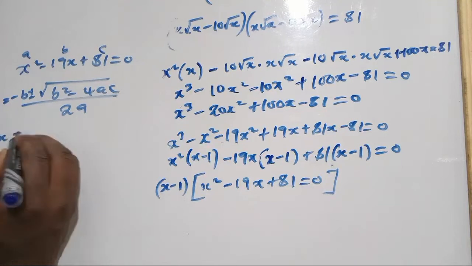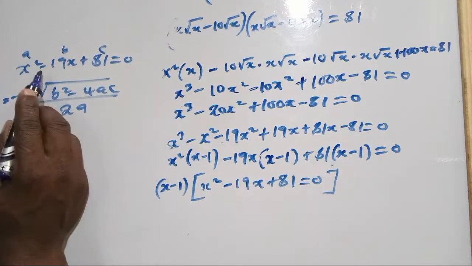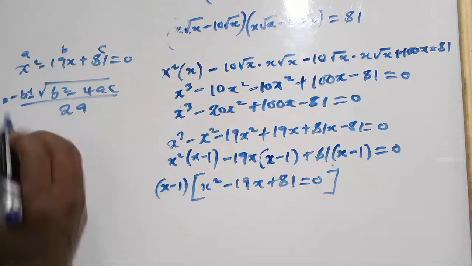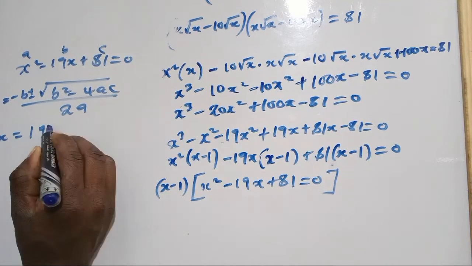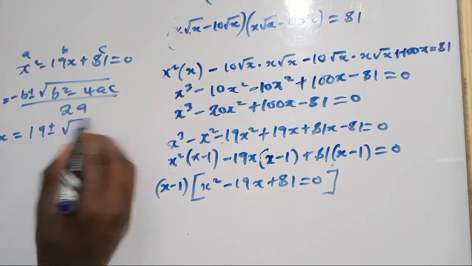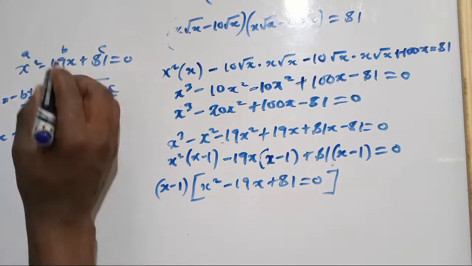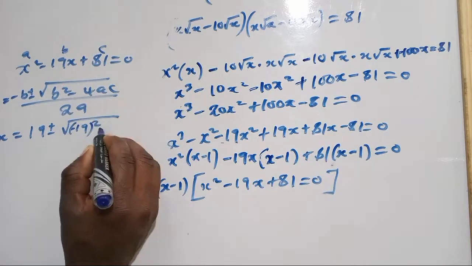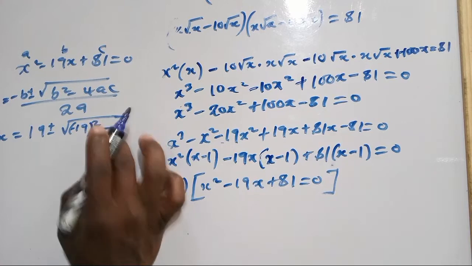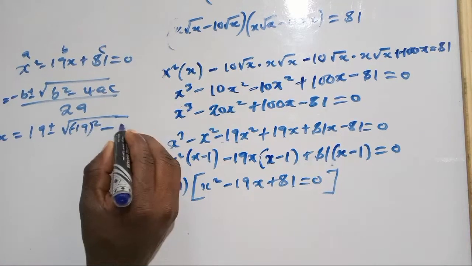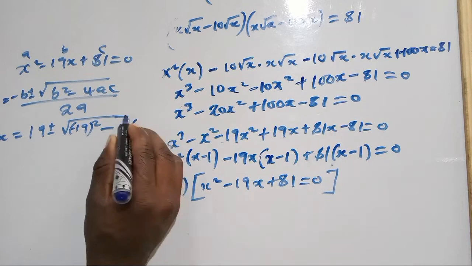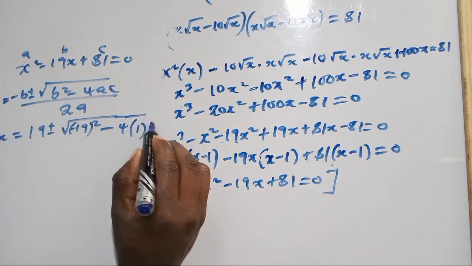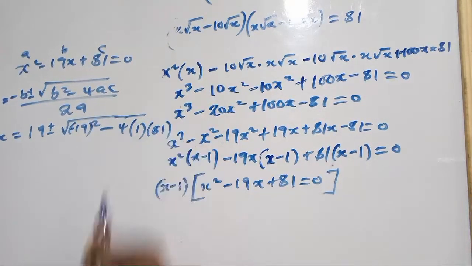We have x equals, where there's b, we have minus c, minus 19, and this negative will be positive, so it will be 19 plus or minus the root of b squared, which is minus 19 squared, minus 4 times a, which is 1, then c, which is 81, right?